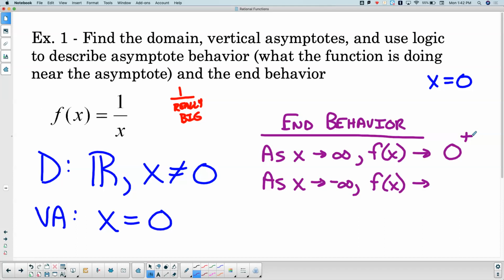My function is going to go to 0, but it's 1 divided by a positive number divided by a negative number. So it's going to go to negative 0, which we say as it's going to approach 0 from below. Okay. That's my end behavior.